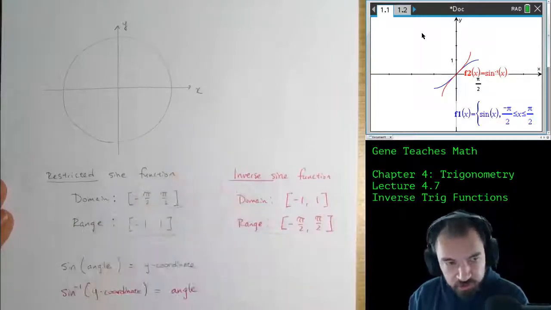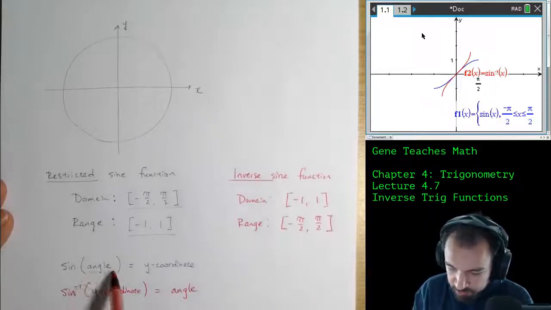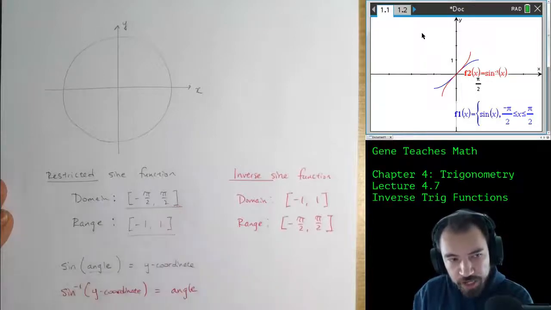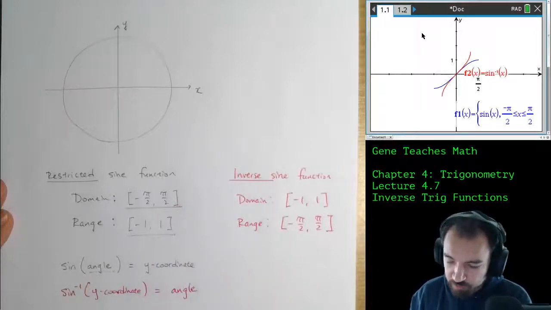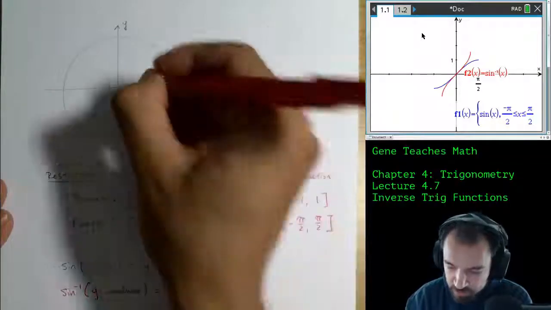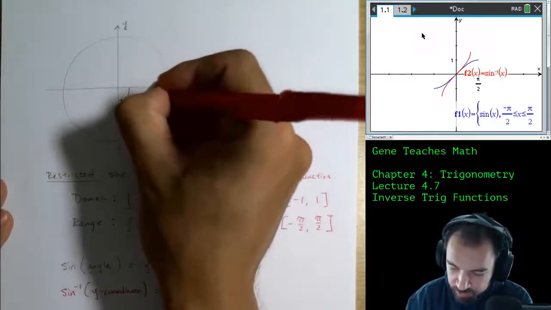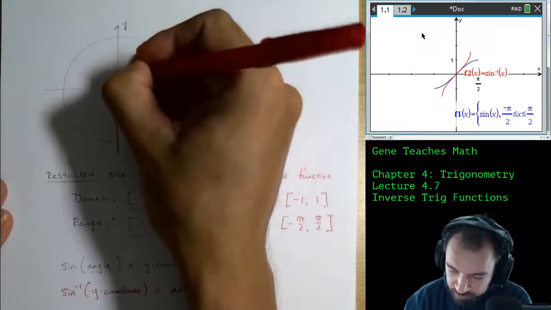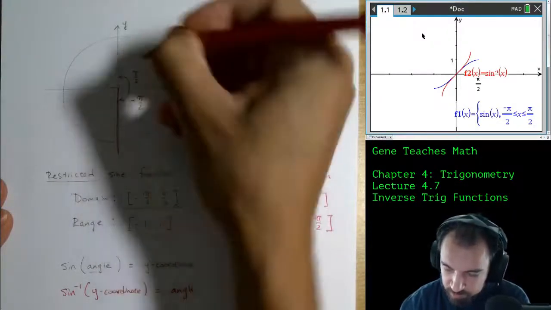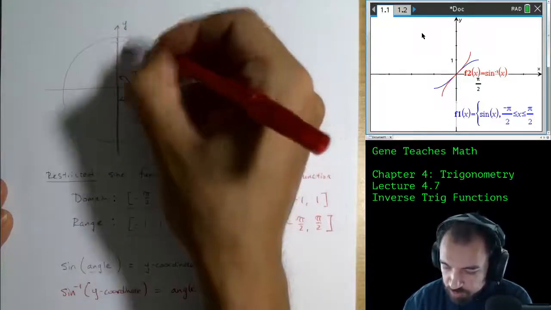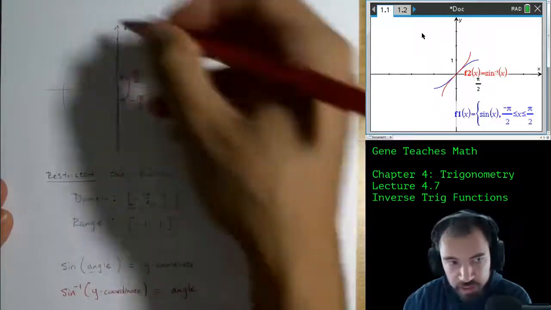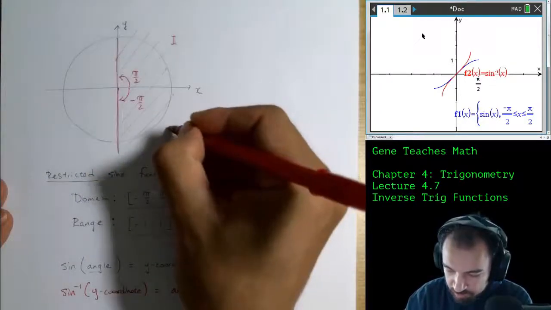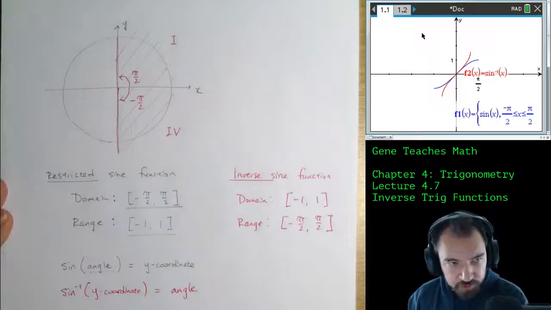So to understand these restrictions, the angle is going to be based on the domain here. So we're only allowing angles between -pi/2 and +pi/2. So in the unit circle, -pi/2 is clockwise down to here, and then +pi/2 is counterclockwise to there. So we're only allowing angles in the right half of the unit circle, in the first quadrant and the fourth quadrant.